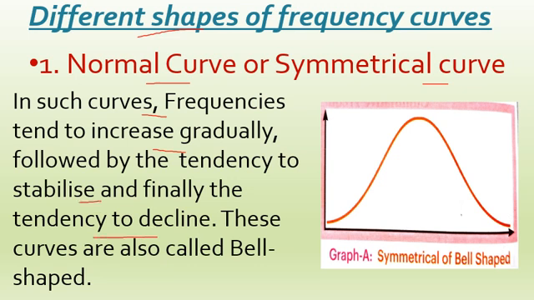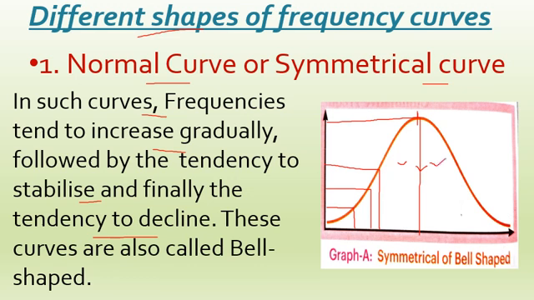In such type of curves, the frequency first of all increases, then it is the highest at the top of the curve. At this point, the frequency is highest and this line divides the curve into equal parts.